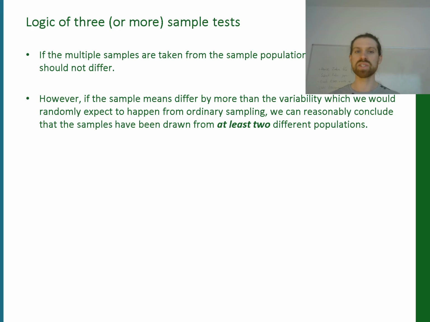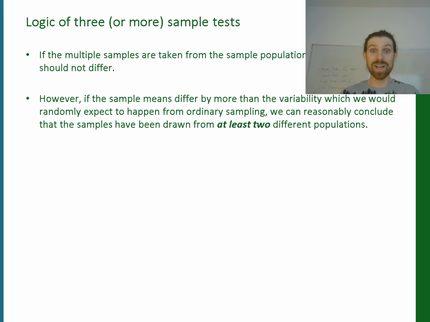We should get relatively similar means across them. But if the sample means differ by more than the variability which we would randomly expect from ordinary sampling, then we can reasonably conclude that samples have been drawn from at least 2 different populations.